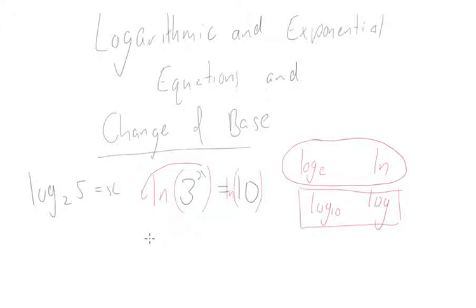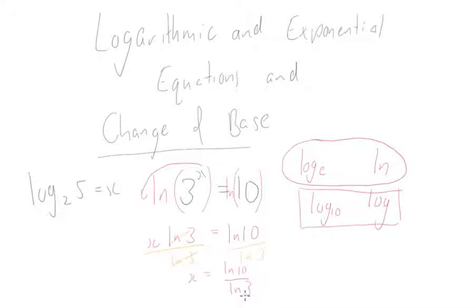So this equation is the same as x ln 3 equals ln 10. ln 3 is a number, just like sine 6 is a number, so I can divide both sides by ln 3. The ln 3 will cancel, so I've then got x is ln 10 divided by ln 3.